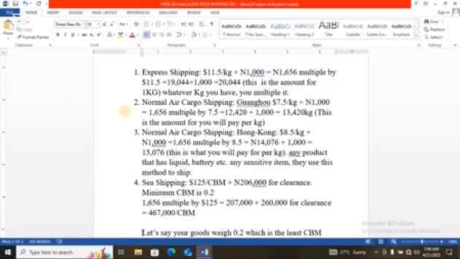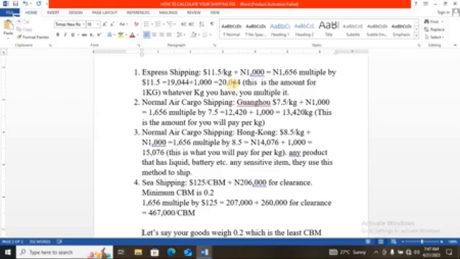Then you now add your clearance fee, which is 1,000 naira. So if peradventure you don't want to add your clearance fee, so if you have 19,044 and let's say you buy an item of 4 kg, you are going to do 19,044 times 4, plus 1,000.